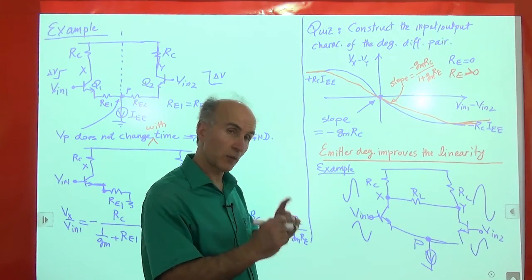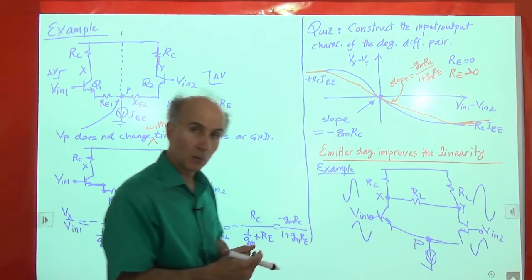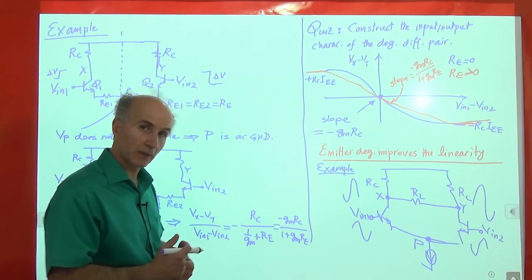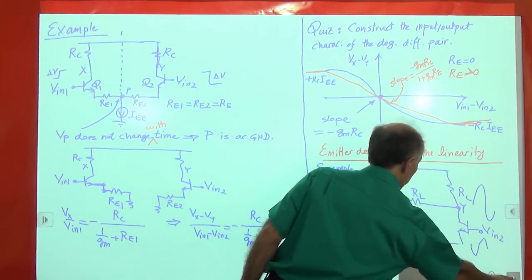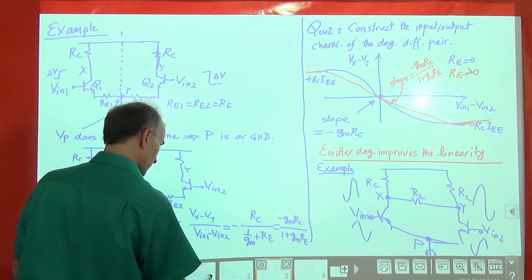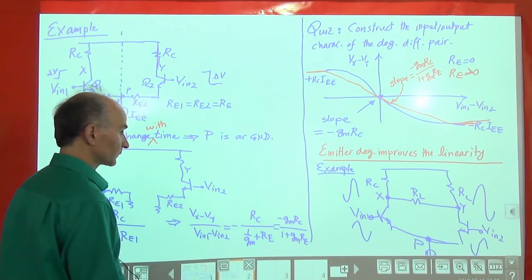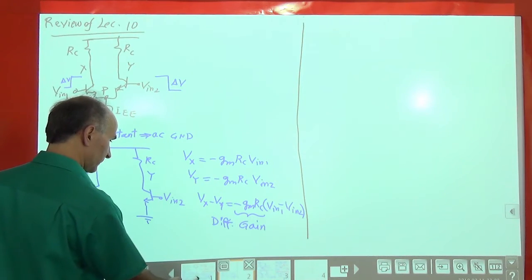Okay, so now that we know Vx and Vy change differentially, we can go back to something that we already observed about a resistor. Remember, we had that on the previous page here. So, oh, sorry, not here, here.